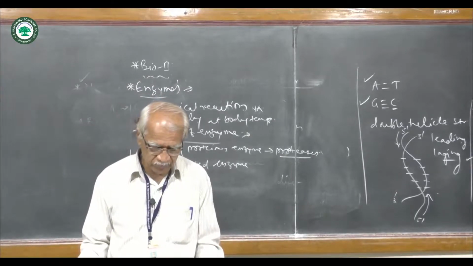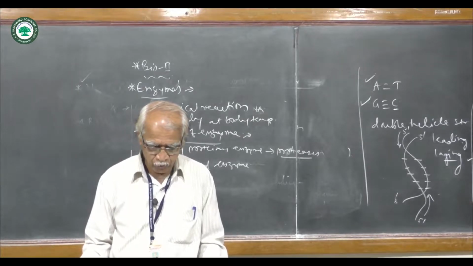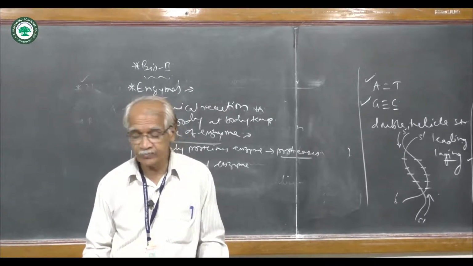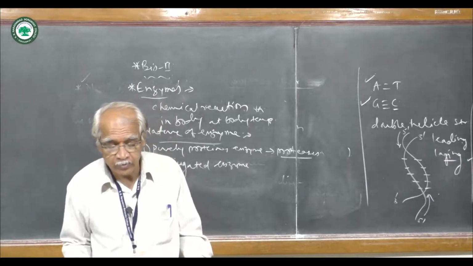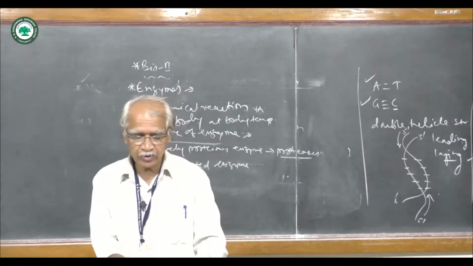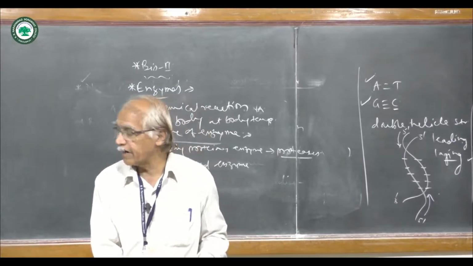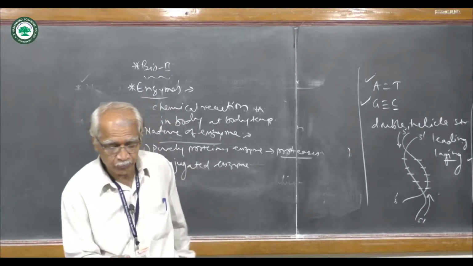Then conjugated enzymes are made up of protein to which a non-protein prosthetic group is attached. These enzymes require certain organic compounds and inorganic ions for their proper activity. Then properties of the enzymes.